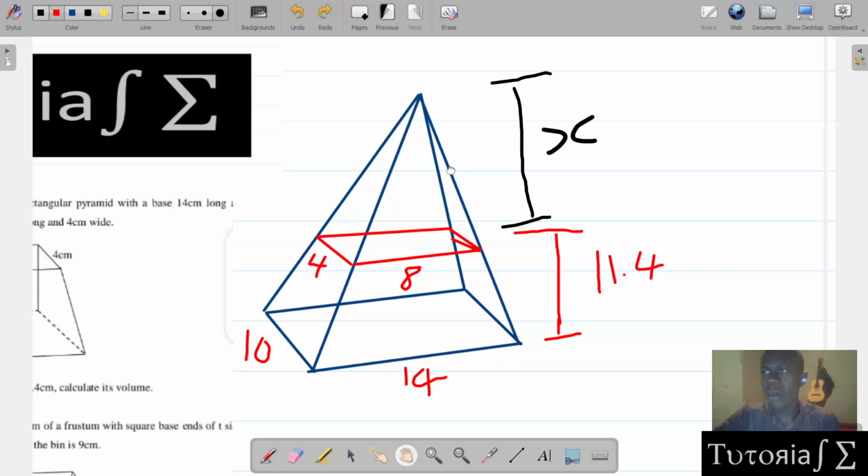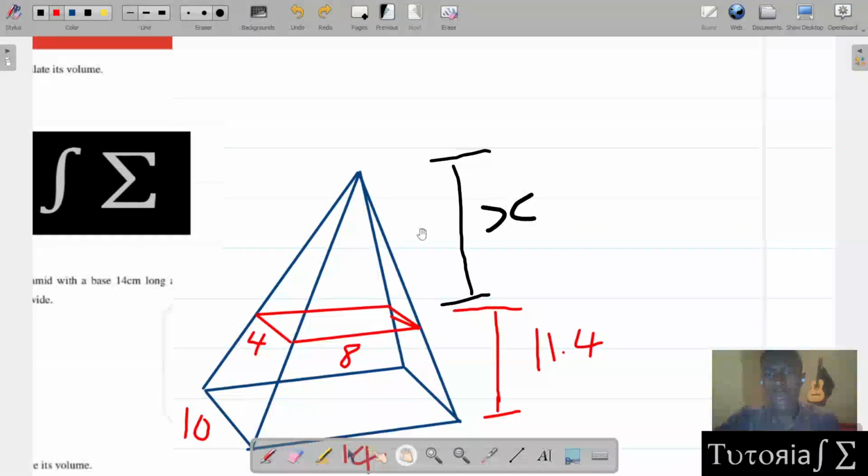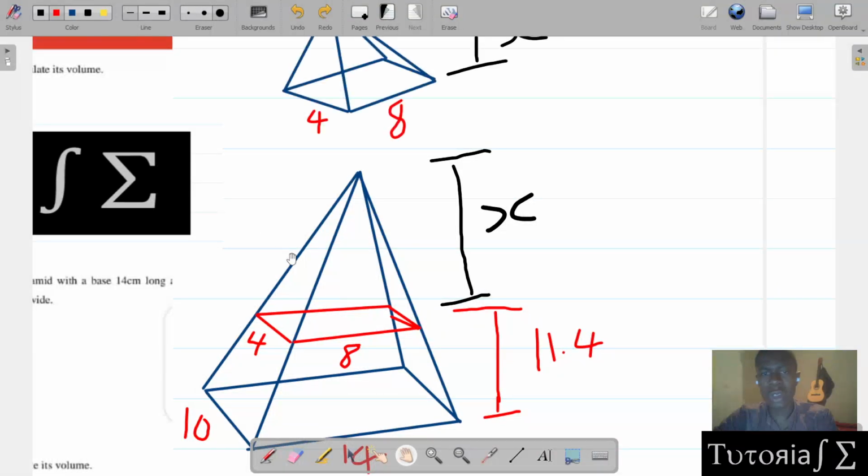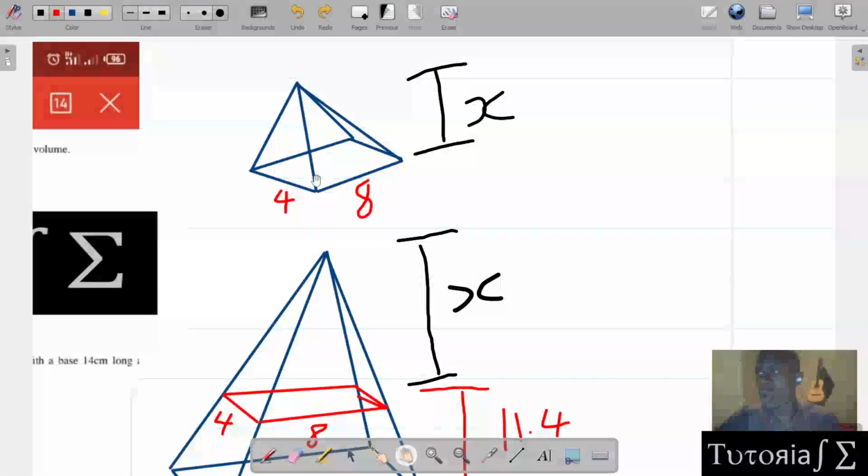All right, so now what we also need to draw is the top part that was cut. So this is the top part that was cut. We see that the bases remain. That is 4 because it is 4 here, and that is 8 because it is 8 there, and we still don't know this height, which is X.